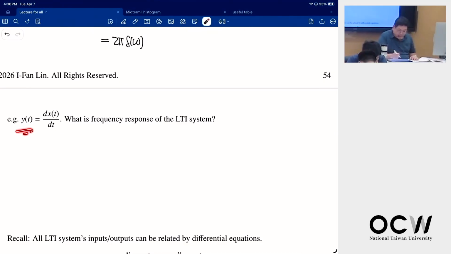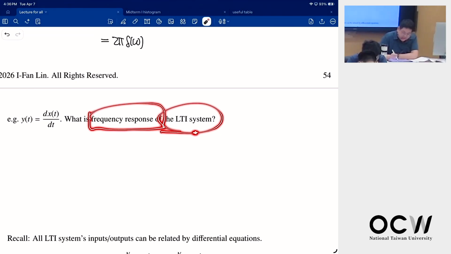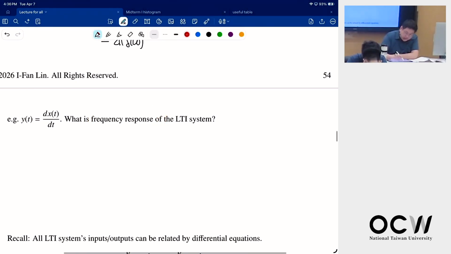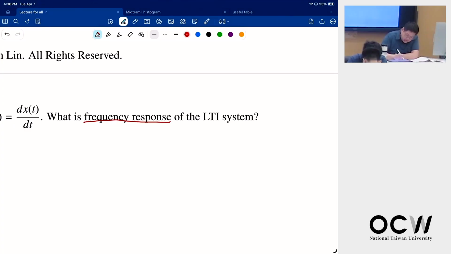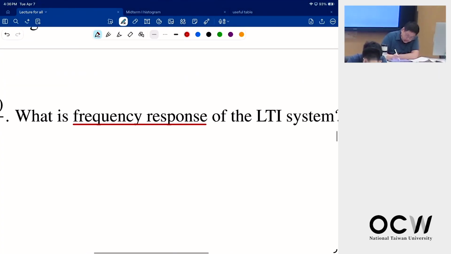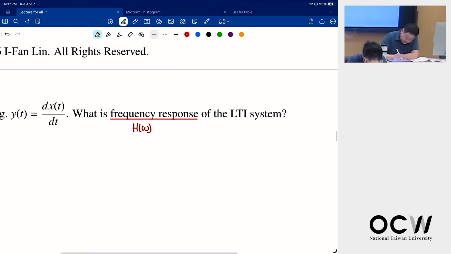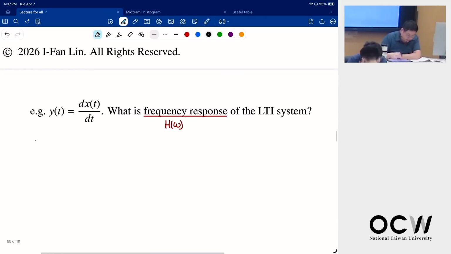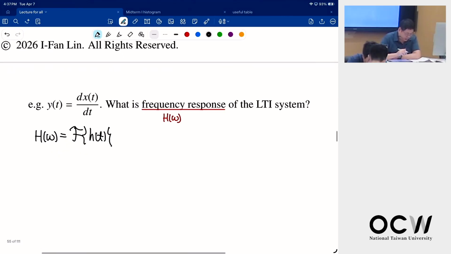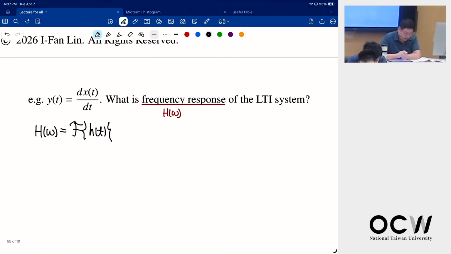Then what is the frequency response of the LTI system? So what is the frequency response of the system? This means H of omega. Okay, so I want to find H of omega, the system's response. What should we do? Let's see, we have a system.